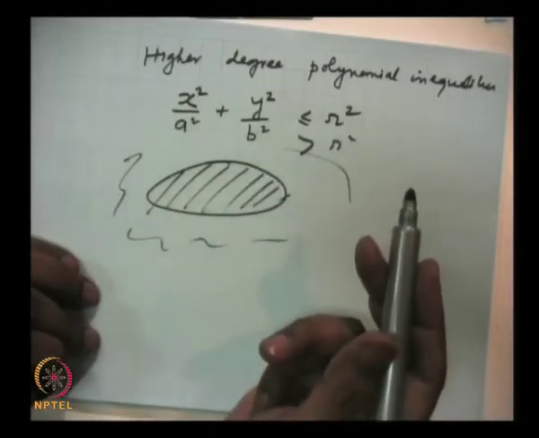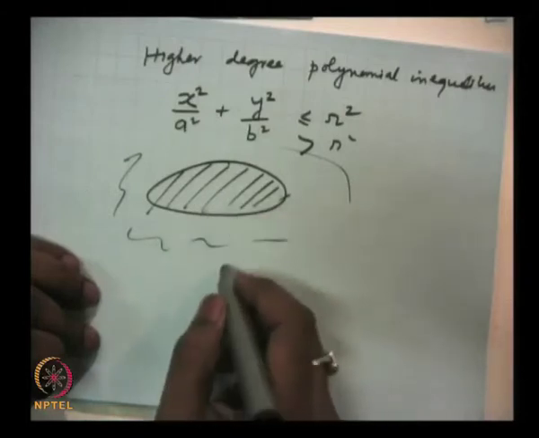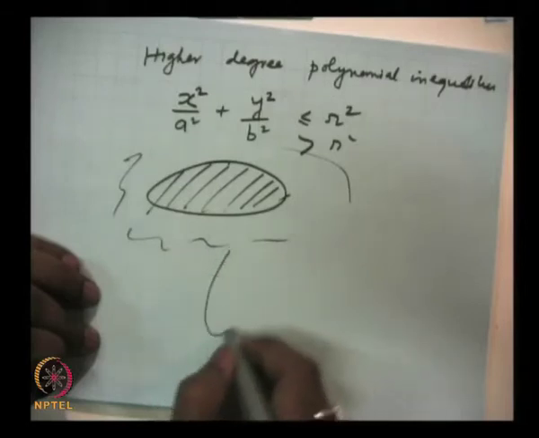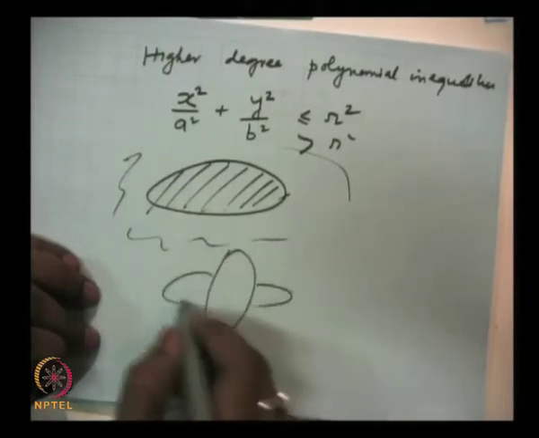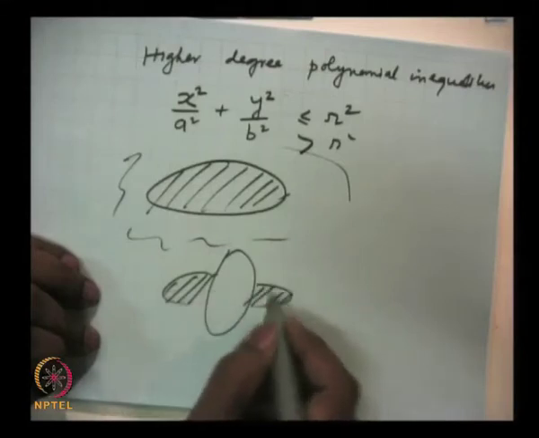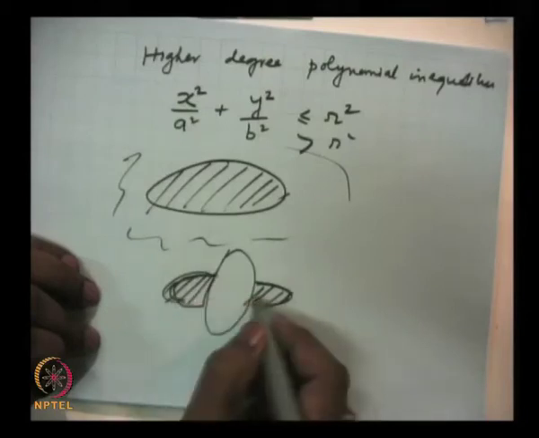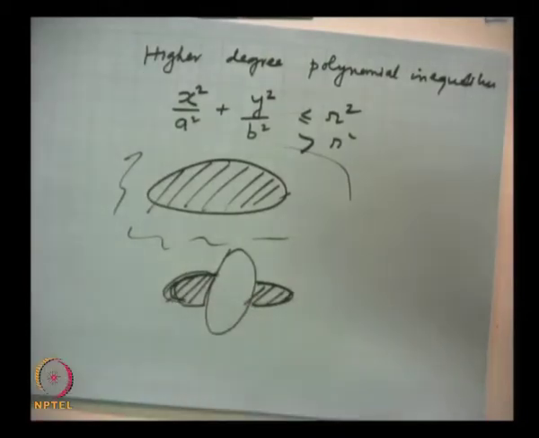If you take the intersection of two degree 2 equations, I have taken an ellipse like this and an ellipse like this, one greater than, one less than, the intersection can be not one connected component. So, the moment I go beyond degree 1, I can't say that the intersection of two such higher degree polynomial inequalities is one connected region.